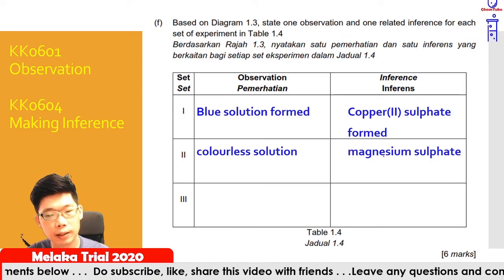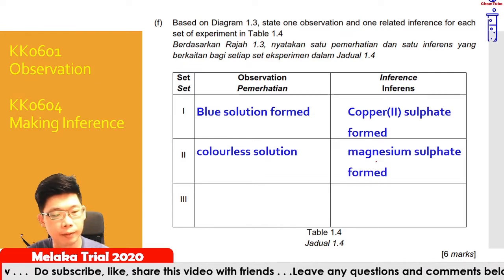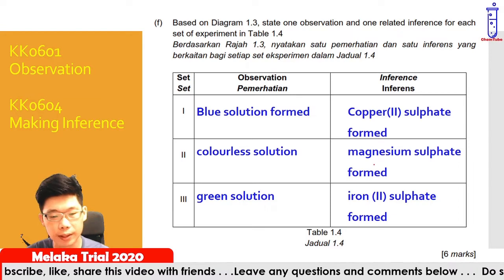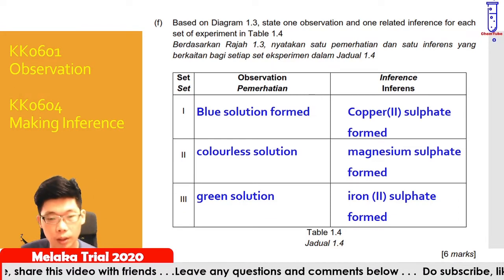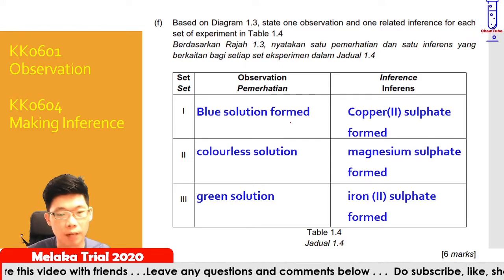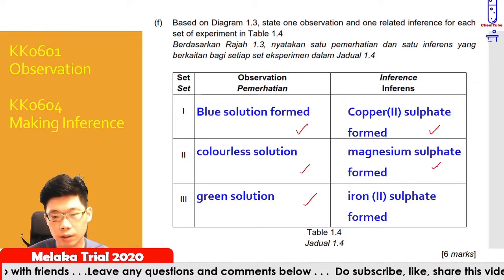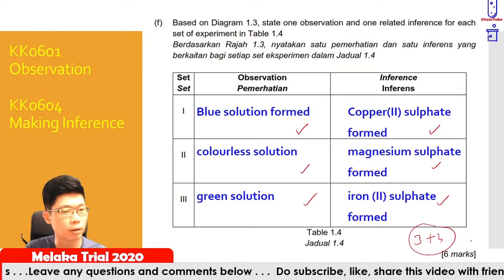So the colorless solution is magnesium sulfate formed. Then finally, green solution formed is iron 2 sulfate solution formed. Iron 2 sulfate, a soluble salt. So this one, observation 3 marks, then inference 3 marks. So it is 3 plus 3, total 6 marks.